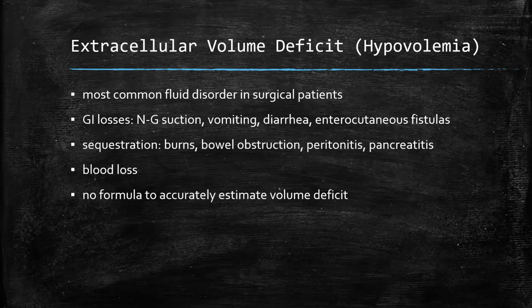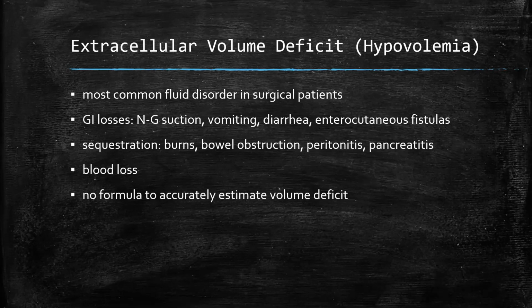And then there's the problem of sequestration, or sometimes called third spacing, where we're not losing the fluid, we're just moving it into different spaces where it's less available to the body. So an extensive burn wound can sequester liters of fluid in that burn wound.